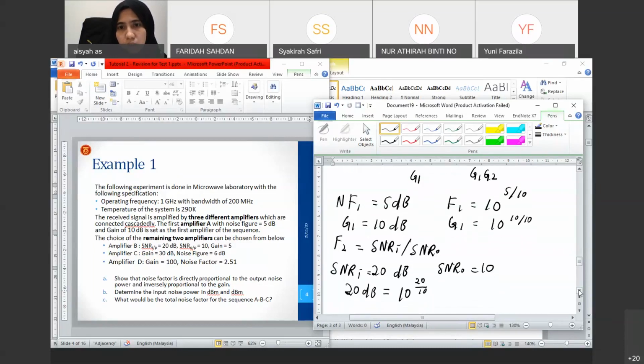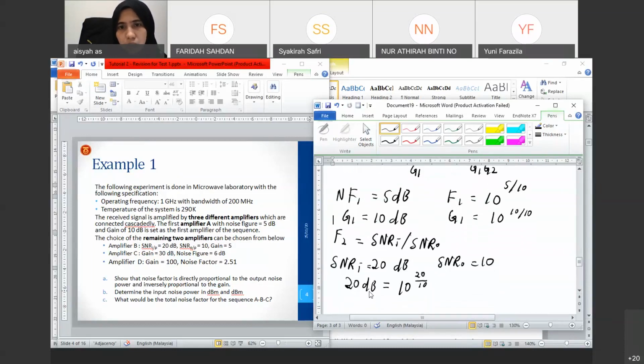Okay. So F2 is 100, so 100 over 10. So it becomes 10.